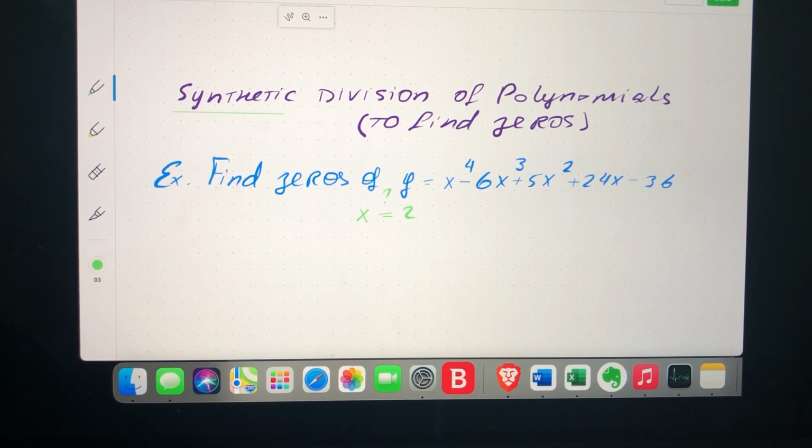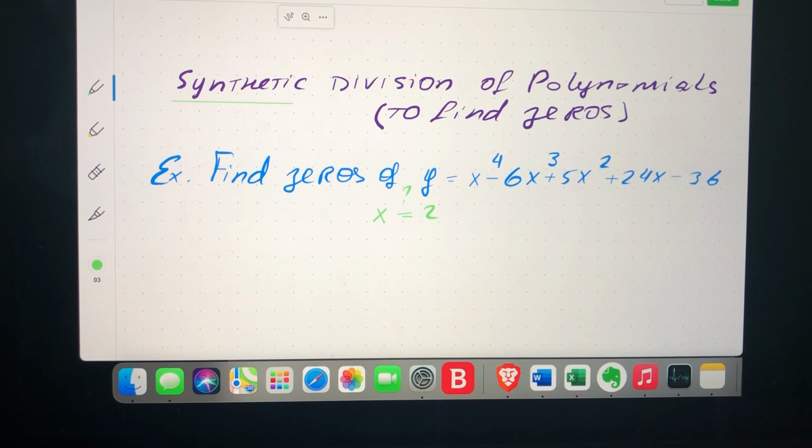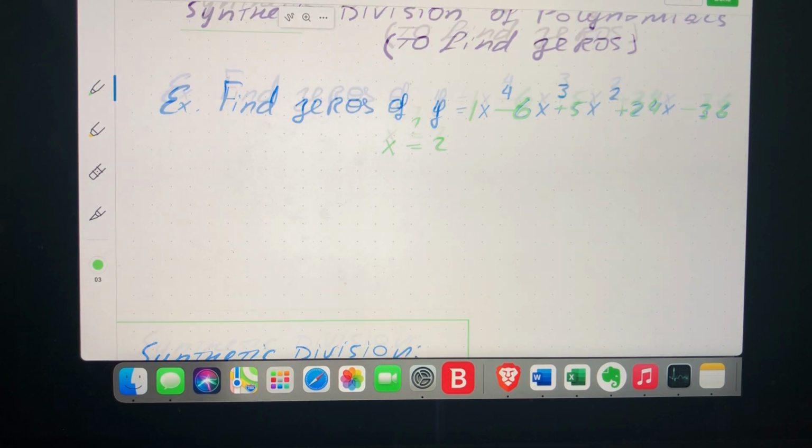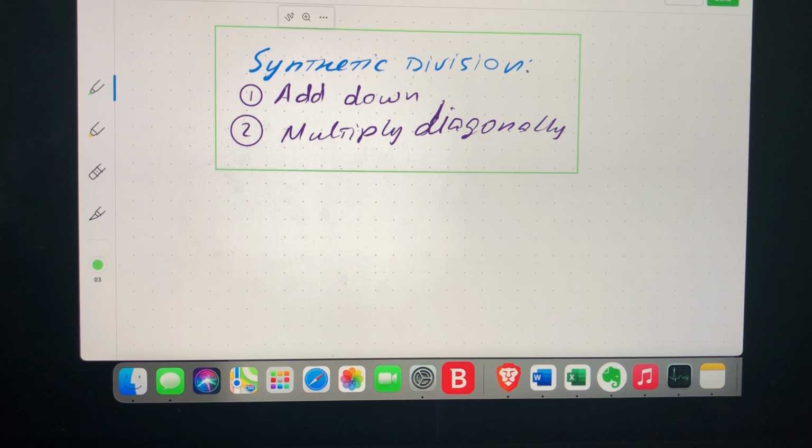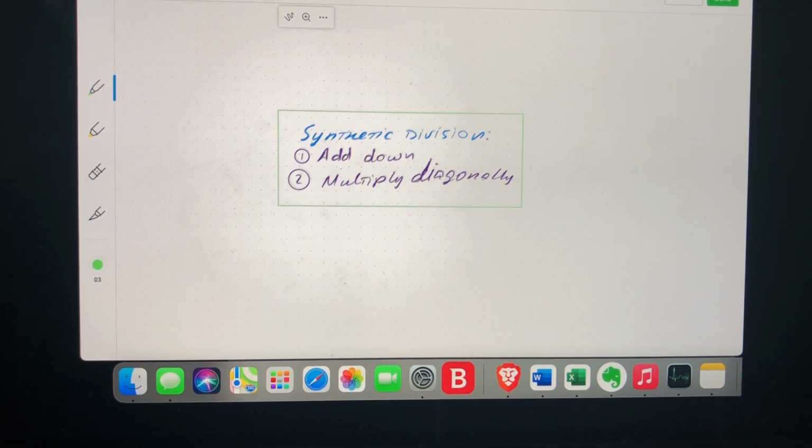Now, synthetic division is done with only the coefficients. So we will need 1, -6, 5, 24, and -36. The procedure for synthetic division is we add down and we multiply diagonally.